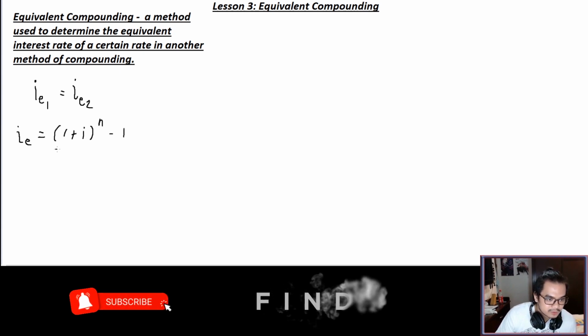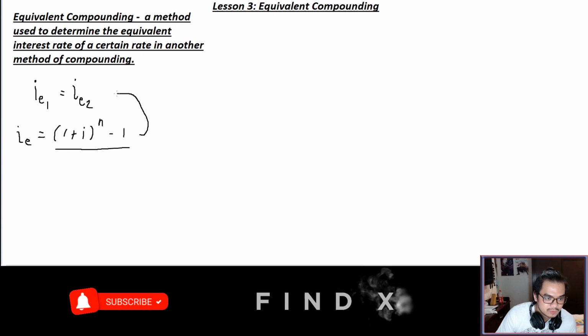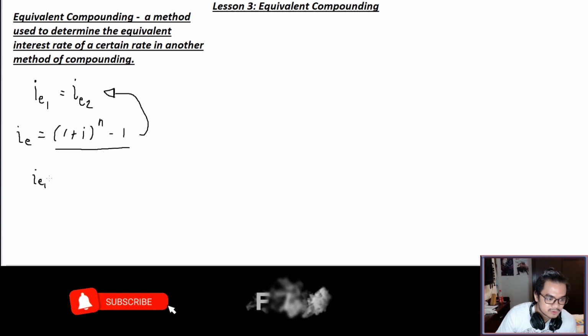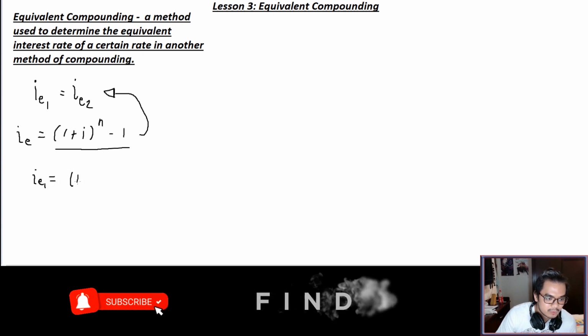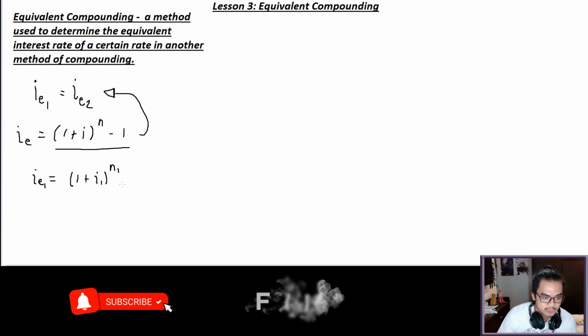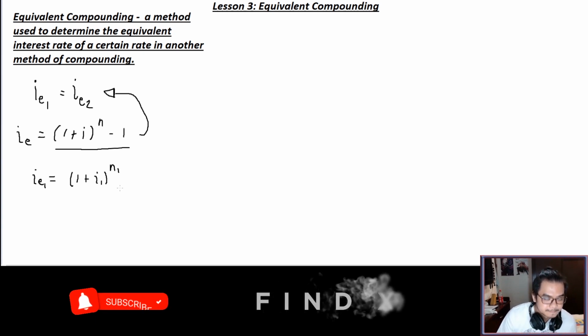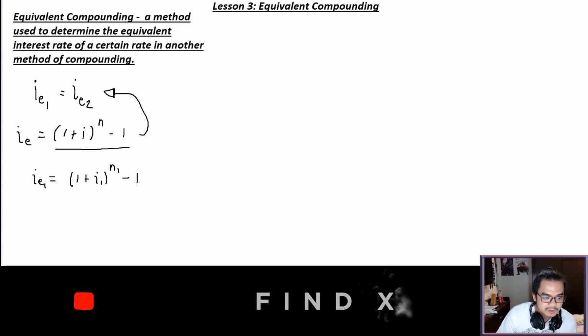So let's substitute this. First, let's find IE1. IE1 will be 1 plus i1, the first interest rate, raised to its method of compounding, n1, minus 1.